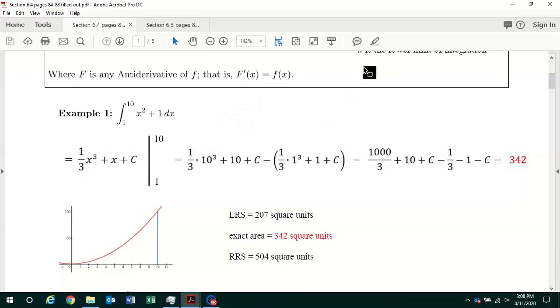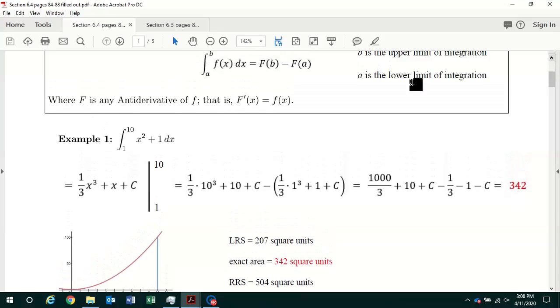Following the rectangle up here, we first plug in the upper limit of integration, 10, for x, and we have 1/3 times 10 cubed plus 10 plus c, and then we subtract, the minus sign up here, and then we plug in the lower limit of integration, 1, for x.